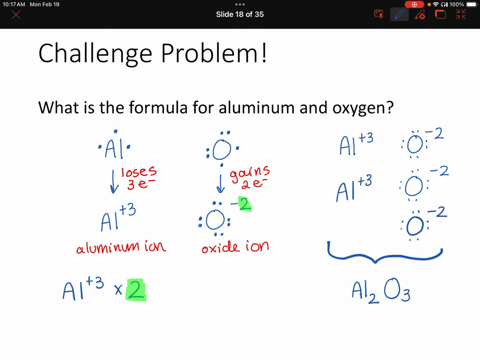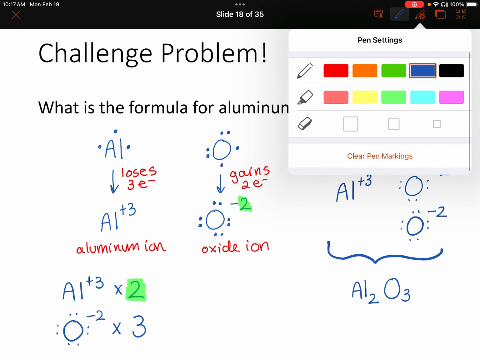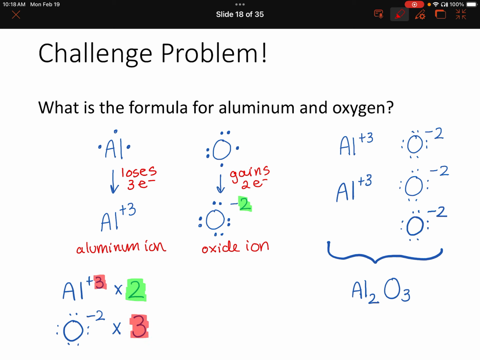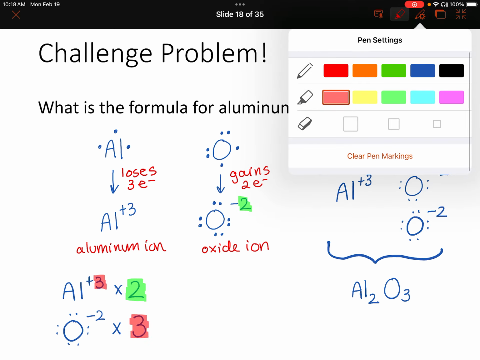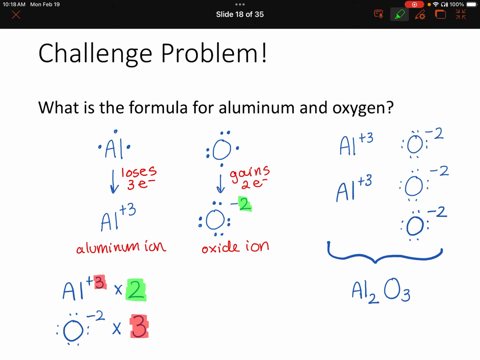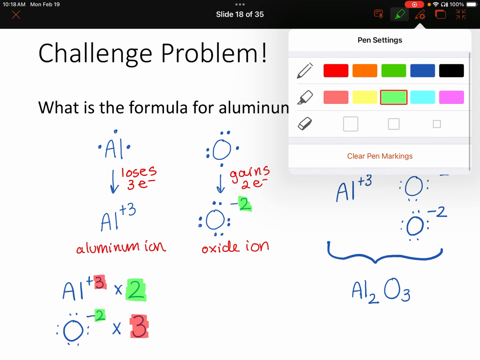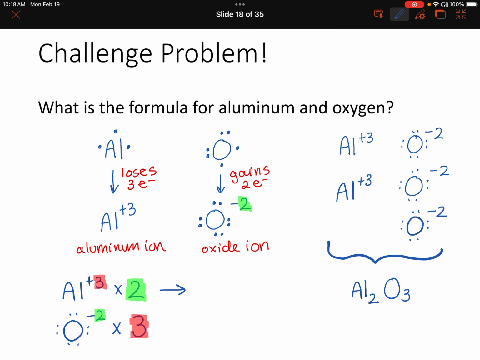And then for the oxide ion, since we need to match aluminum's charge, I'm going to multiply that by 3, which is the charge on the aluminum ion. Oh, whoops. I highlighted the wrong thing. There we go. All right, so now that means we have 2 aluminum ions and 3 oxide ions. And that will give us our Al2O3 formula.